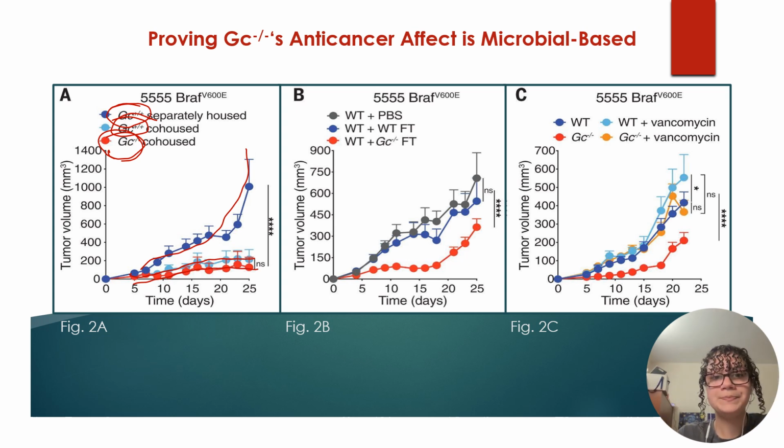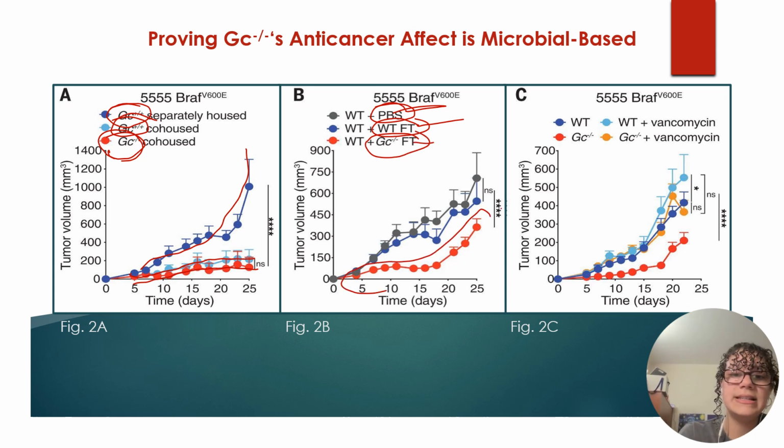In order to see that, we look at a PBS inoculation, which is just PBS as a control. We look at it with a wild type fecal transplant, and we look at it with a GC negative fecal transplant. As you see here, the one that had the GC negative fecal transplant showcases the same thing, meaning it is microbial based.